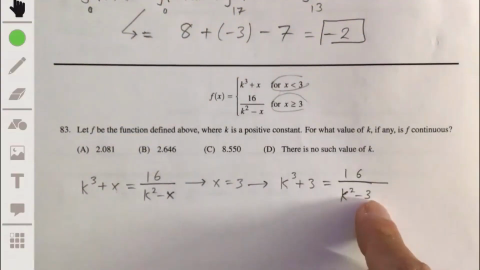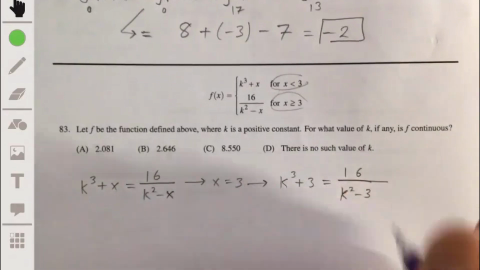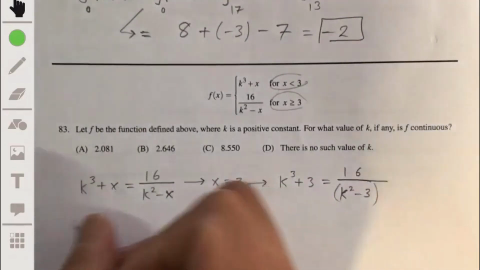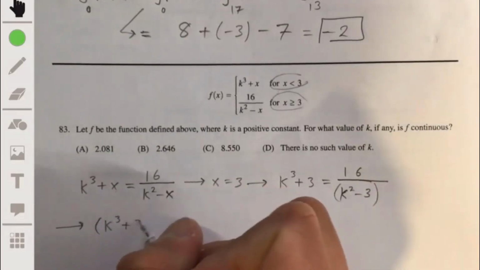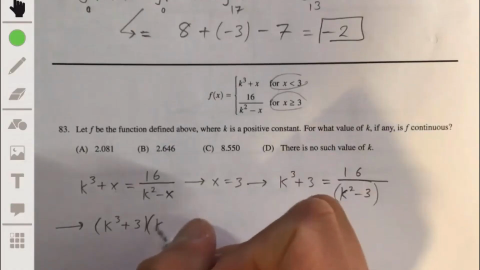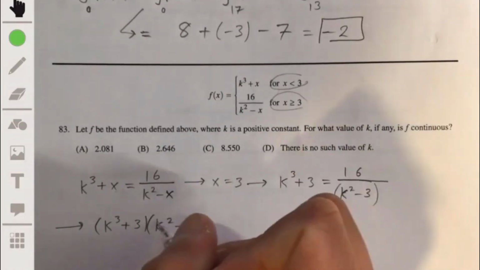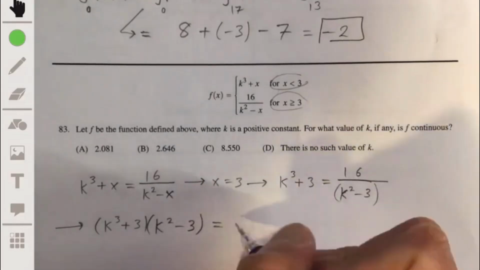So doing some algebra, we're going to multiply both sides by this. We'll get k cubed plus 3 times k squared minus 3 is equal to 16.